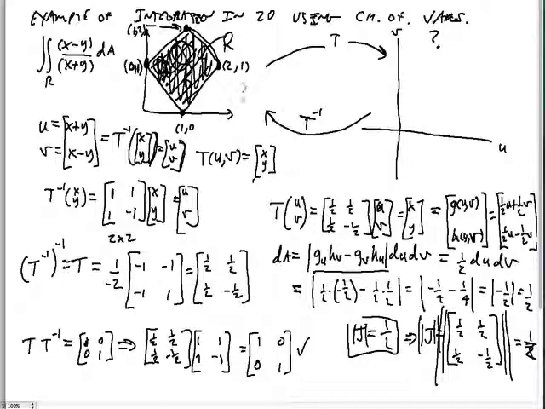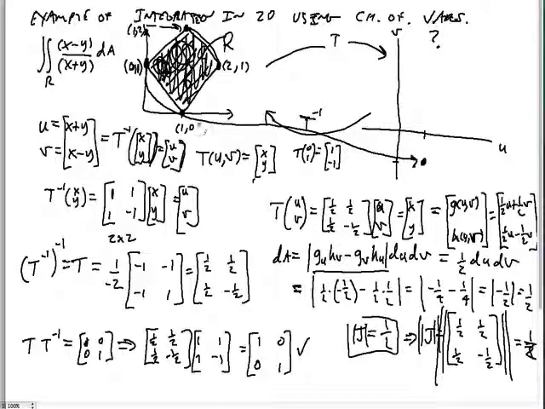If I put 0, 1 in there, I get out 1, negative 1. So we go out 1 space there, and down negative 1 space. That's the uv point. I'm going to draw a little arrow there to keep track of where all my points go.